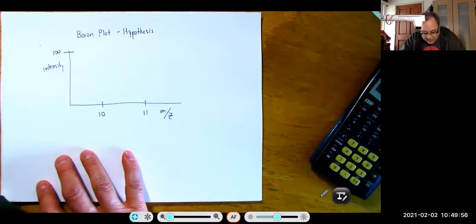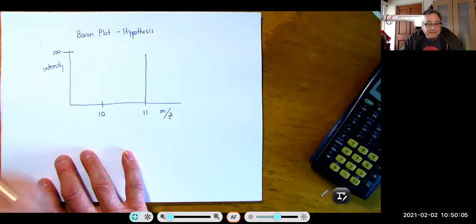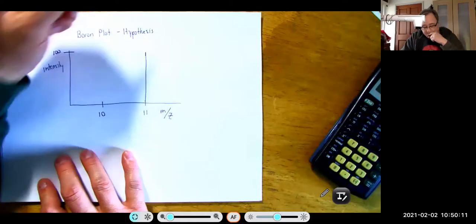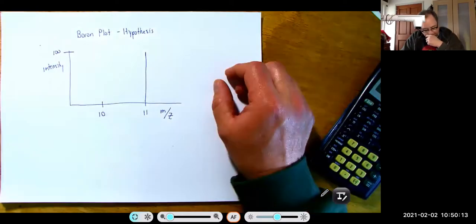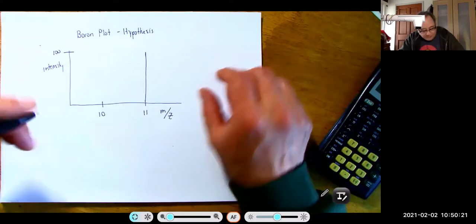Which one are you going to make 100? 10 or 11? 11. How big are you going to make 10? Slightly less, knowing that the average is 10.8. So I'm going to draw some peaks in here.